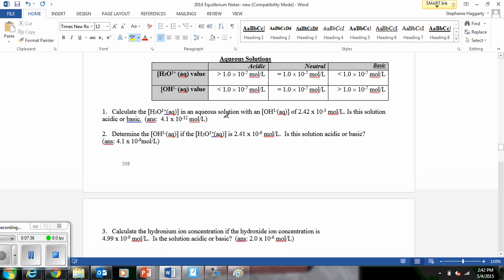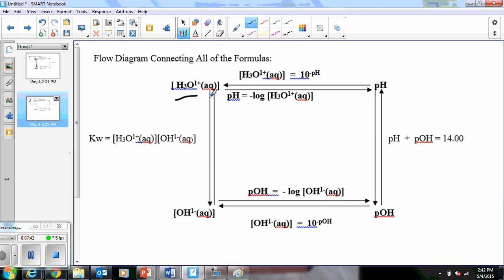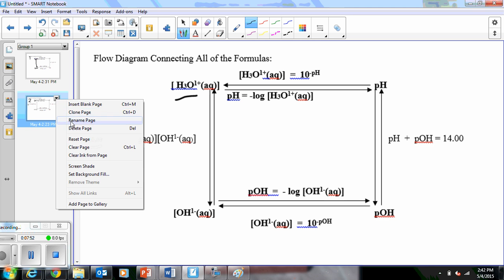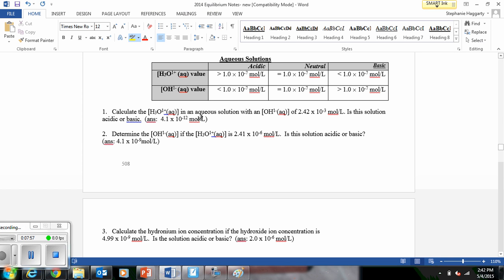What we're going to use now, so here we're looking for hydronium, we're given hydroxide. So again, I don't have to go through this huge process, 3 steps to get me hydroxide. I can use this relationship. So Kw equals hydronium times hydroxide. So if I calculate, we'll do number 1 together here. If I look, my hydroxide concentration is 2.42 times 10 to the minus 3.